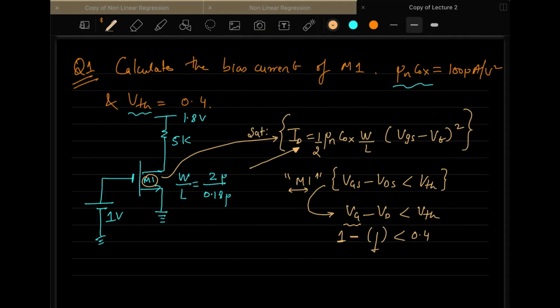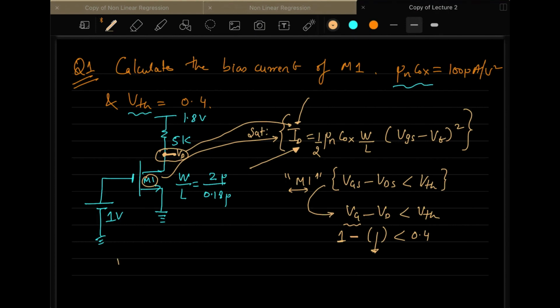That is, we do not know the drain potential here. So if we do not know, how can we say this transistor is in saturation? So we are assuming that the transistor is in saturation, and if it is, then we will calculate the current ID, and then we will calculate VD based on this ID.